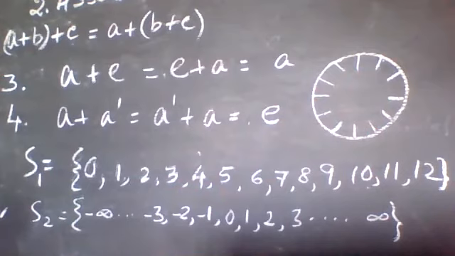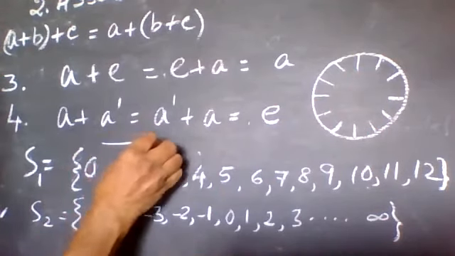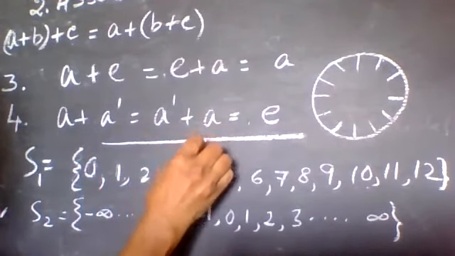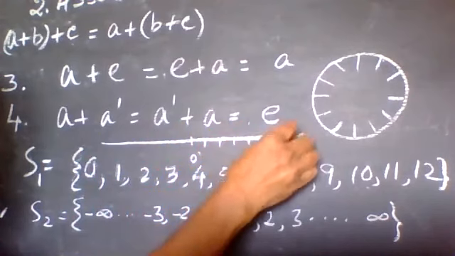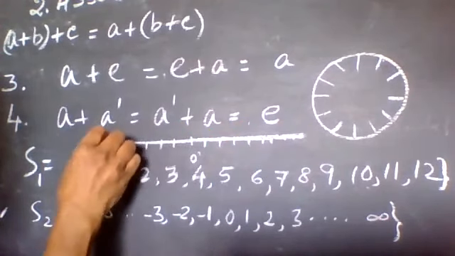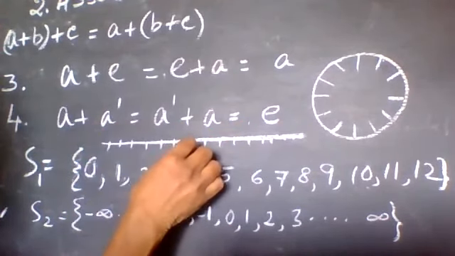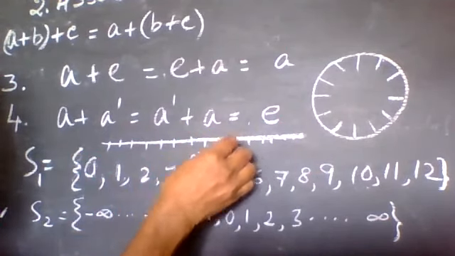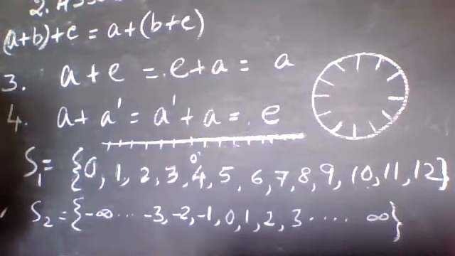In this case, you will also have translational symmetry. This is the 0, and these are the points on the positive side, these are the points on the negative side. So if you hop 3 steps forward, you are getting here. You hop 3 steps backward, you again return to this point. So there is some translational symmetry.